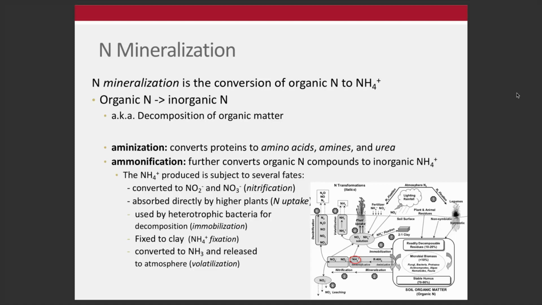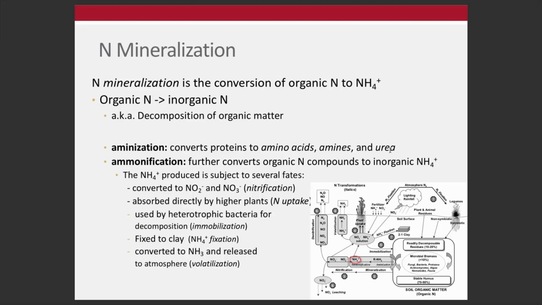And then the second step is ammonification, i.e. the production of ammonium, okay? And this further converts organic N compounds to ammonium itself. Once it's in that ammonium form, again, it's subject to several potential fates: nitrification, plant uptake, immobilization, fixation, or volatilization.